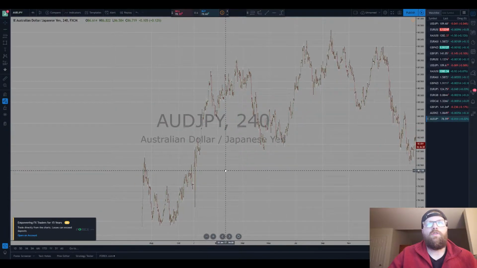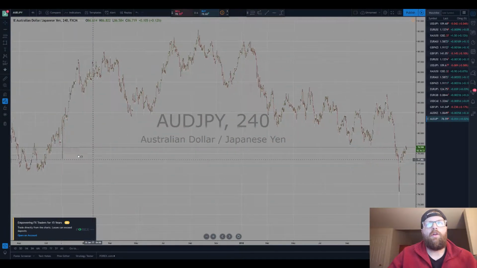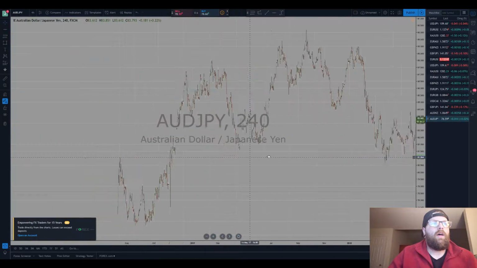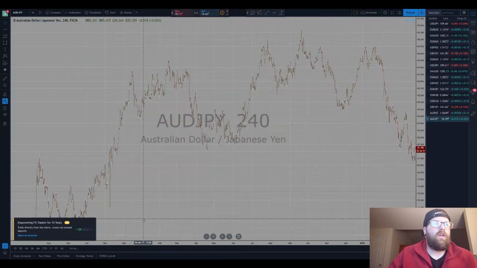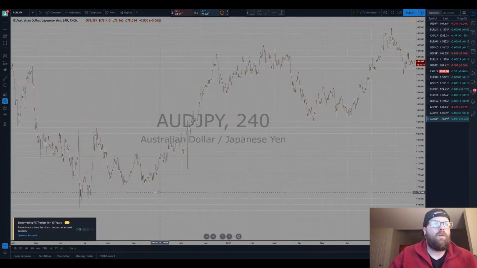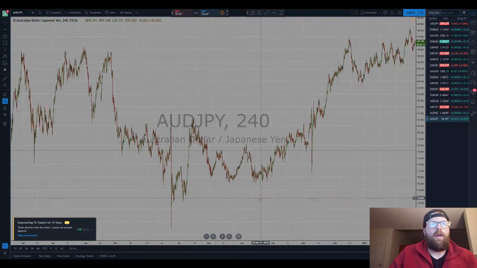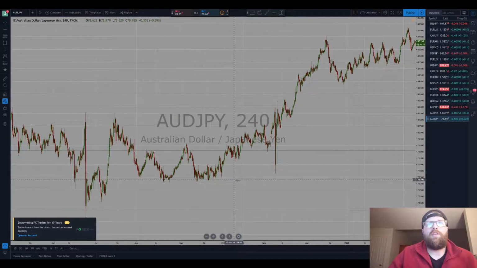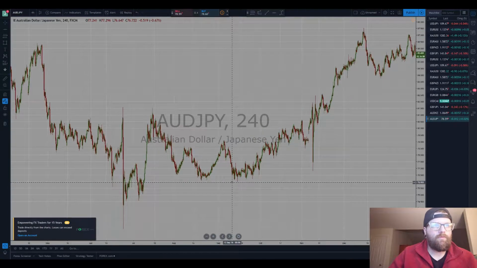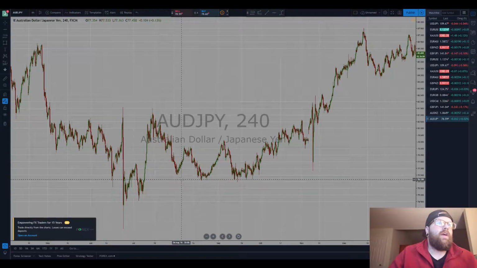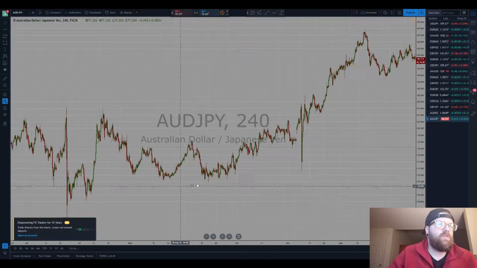So I'm going to backtrack over here, and we can identify this level right here as price is currently above that. You can see the green line represents where price is currently. And we can see that this right here is a good area for supply and demand and support and resistance.